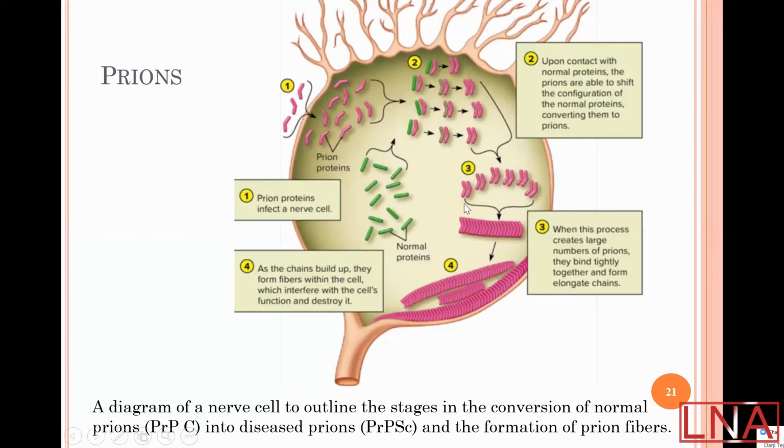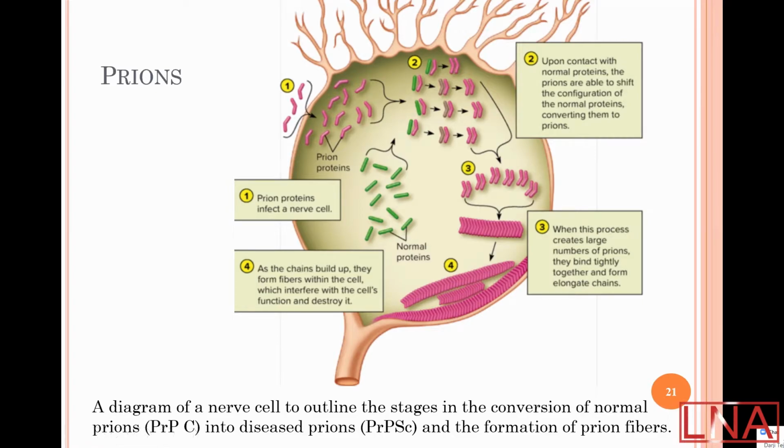Then when the conversion process is finished, large numbers of the prions bind tightly together and form elongated chains. You can see elongated chains of the proteins here. So it's not separated right now, it's bound in chains.